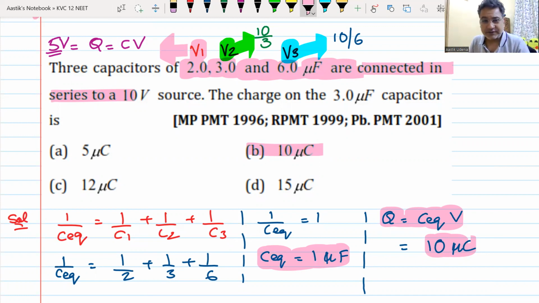Whenever you have capacitors connected in series, the equivalent capacitance will always come less than any of these capacitors. We understand this?